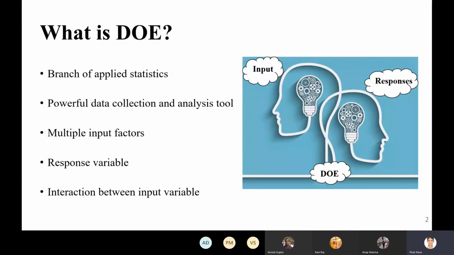DOE is a branch of applied statistics that deals with the planning, conducting, analyzing, and interpreting controlled tests to evaluate the factors that control the value of a parameter or a group of parameters. Basically, it is a powerful data collection and analysis tool that can be used in a variety of experimental situations. It allows for multiple input factors to be manipulated and determining their effects on a desired output or a response variable.